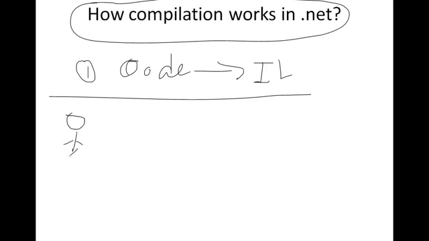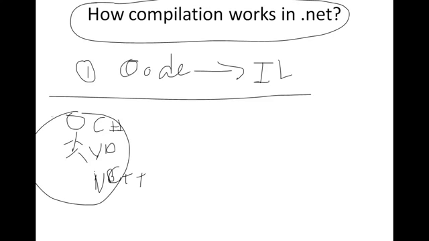Developer chooses one of the programming languages like C#, VB.NET, F# or VC++, or any of his choice, and writes a particular code. This code is compiled into IL by a compiler.